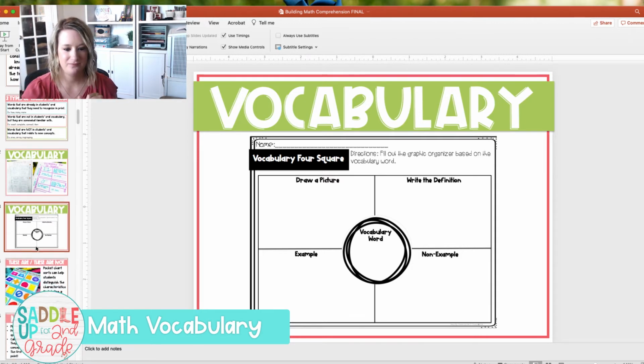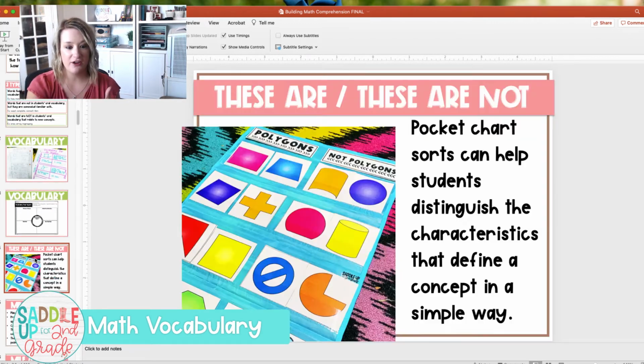All right, another valuable strategy that you can do with your students is pocket chart sorts. I talk about these all the time. This picture example is from one of my guided math units. In my units, you're going to see lots of these.